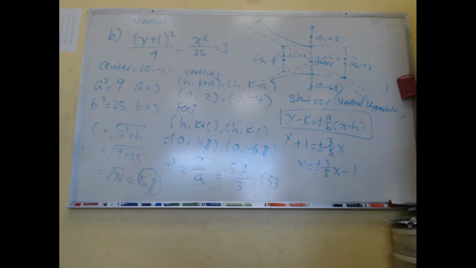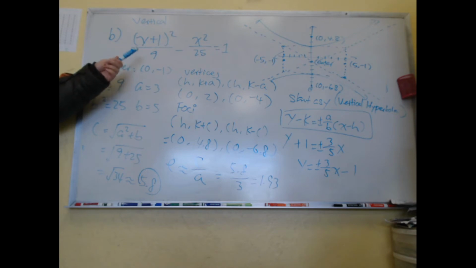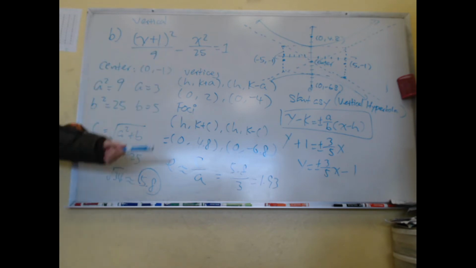So what do you think? Hyperbola? They're quite similar, right? Ellipse, hyperbola, and then the other one, circle. Well, circle is a little bit unique, without the denominator, and the radius is always isolated on the other side. Okay?